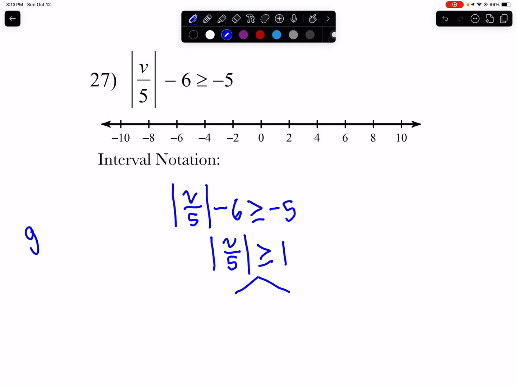So this is a greater than sign, or equal to. So we do greater. Copy and paste. Or, and then we do that keep, change the sign, change the sign. So KISS, keep it, and then switch.